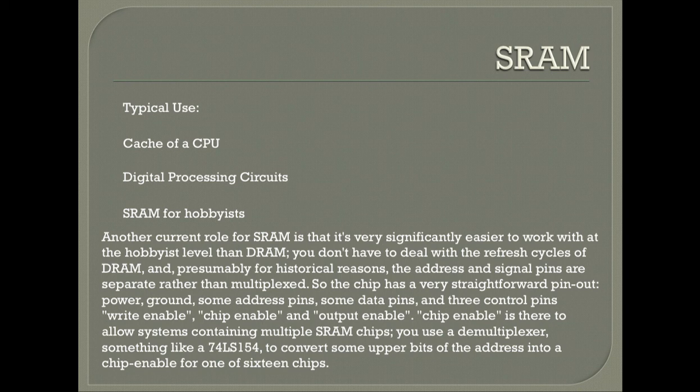Chip enable is there to allow systems containing multiple SRAM chips. You can use a demultiplexer, another word that we should know from this class, something like the 74LS154. If you are using Multisim, you could look that up in Multisim to convert upper bits of the address into chip enable for one of 16 chips.